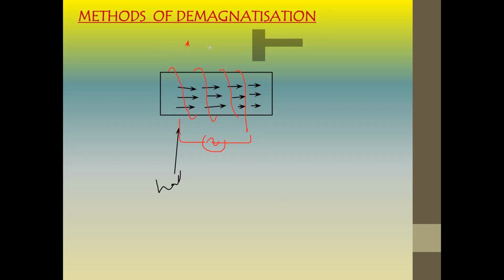As the domains vibrate due to the AC current, a time will come when these domains will be random. When using an AC current, we should gradually take it out, because otherwise some parts experience a stronger magnetic field and some parts a weaker magnetic field. So the method of demagnetization is by alternating current or AC.